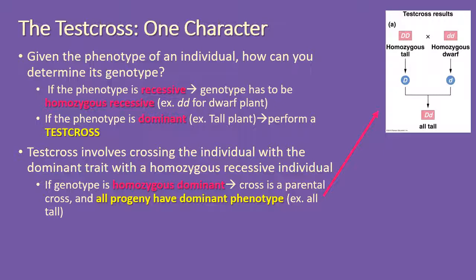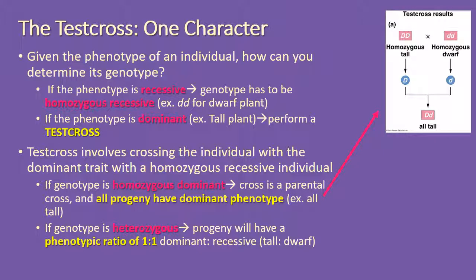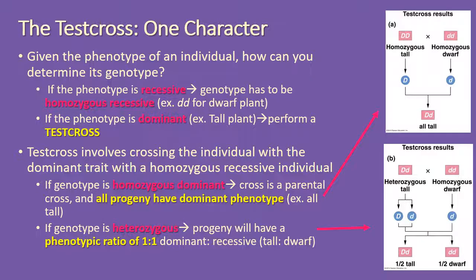We've already done that before, and we know that the F1 progeny are all heterozygous and show the dominant phenotype. But if the genotype of that tall plant is heterozygous, then you're going to get a different ratio. You'll note here that there are really only two kinds of combinations that you can get, and it'll be a 50-50 shot.